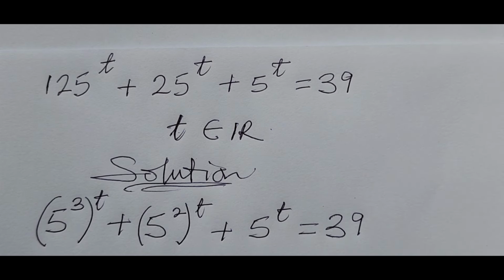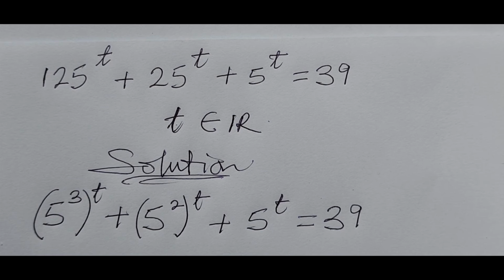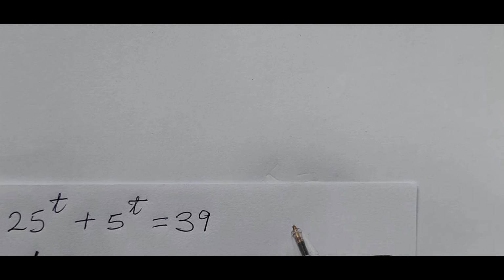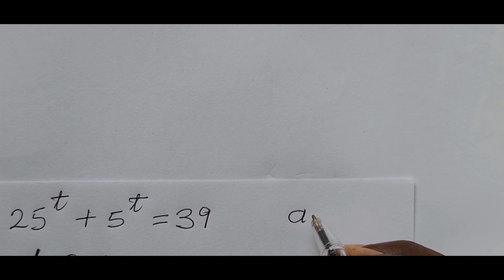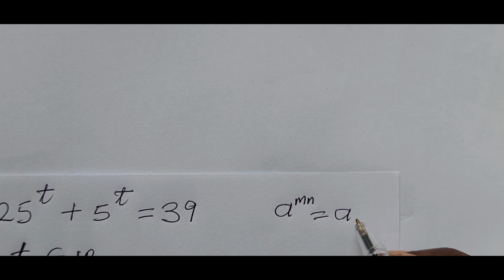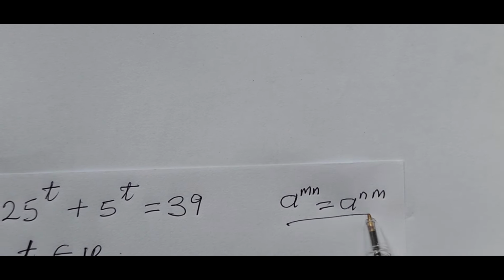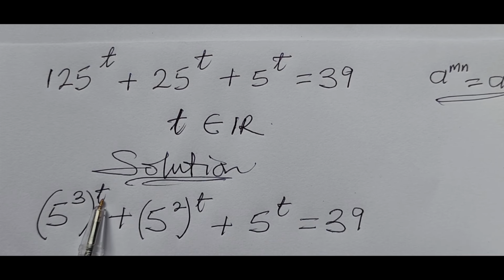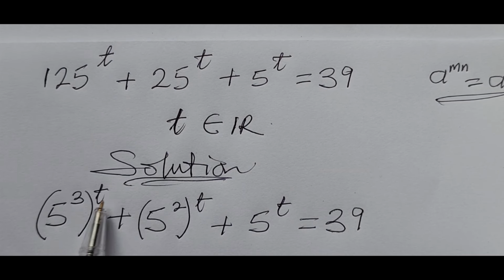With what we have here now, we're going to apply a simple law of indices, which says that a to the power of mn is the same thing as a to the power of nm. If we apply this rule, we can bring the t inside and take the 3 out.